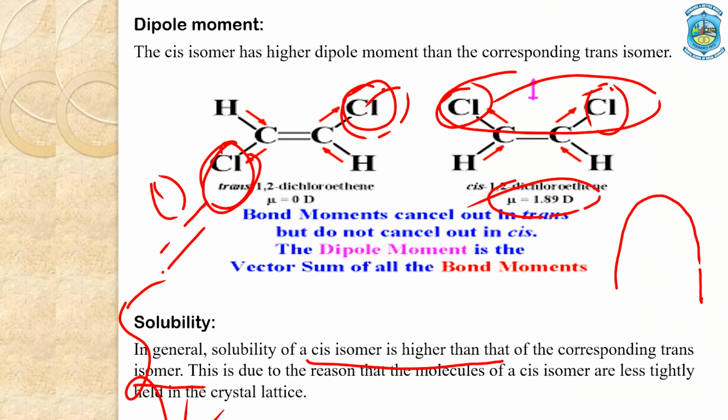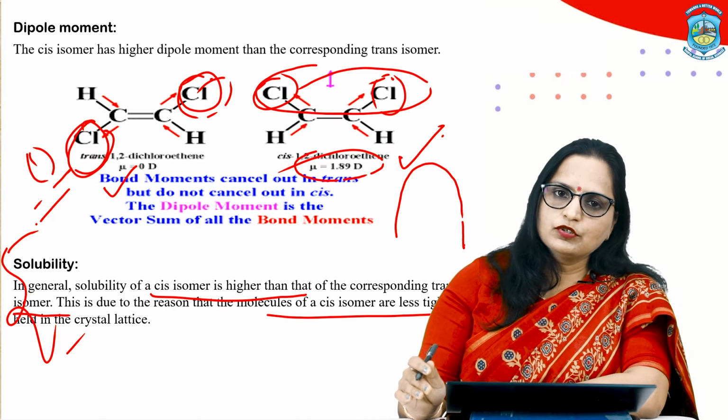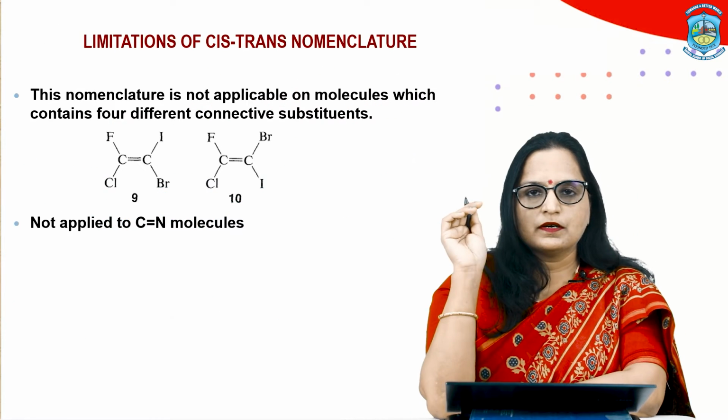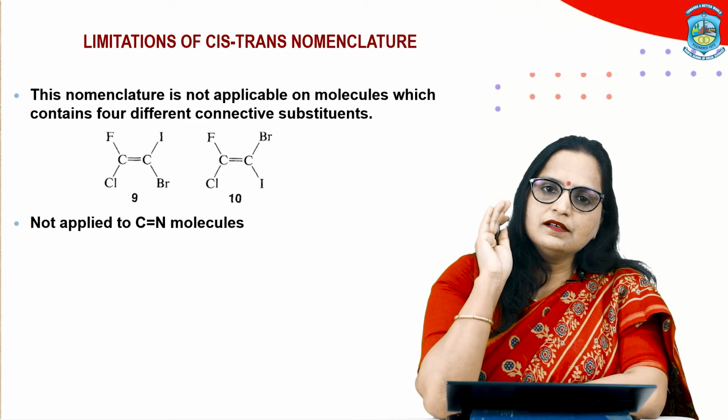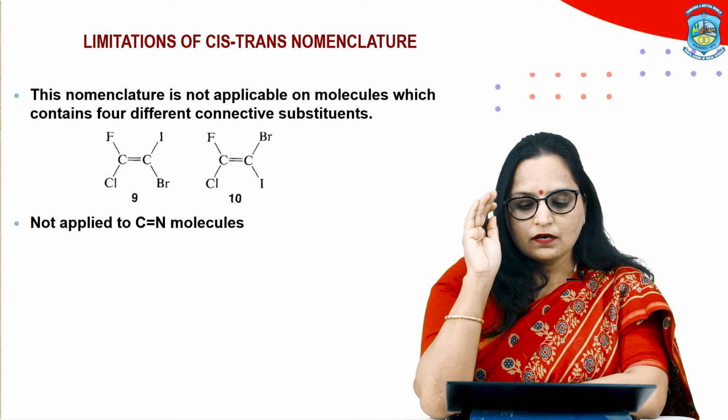So, due to this reason, the molecules of cis isomers are less tightly held in the crystal lattice, and you can see that the cis isomer has higher solubility as compared to the trans structure. So, based on solubility also we can distinguish between cis and trans isomer.